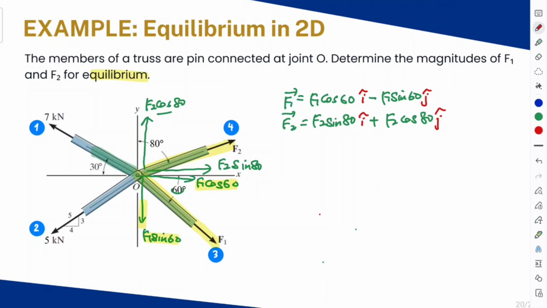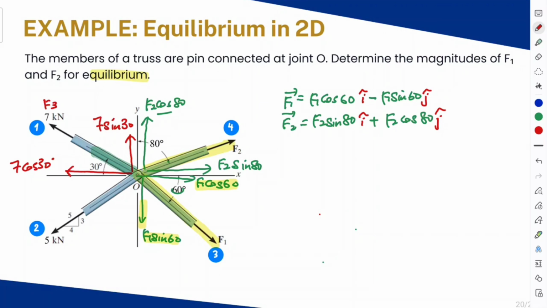Let's call this 7 kilonewton our F3. If we resolve this 7 kilonewton in the x direction, it will be pointing to the left, and the magnitude will be 7 multiplied with cos 30 degree, and in the y direction it will be pointing upward, and the magnitude will be 7 multiplied with sine 30.